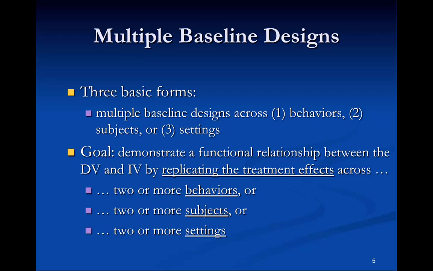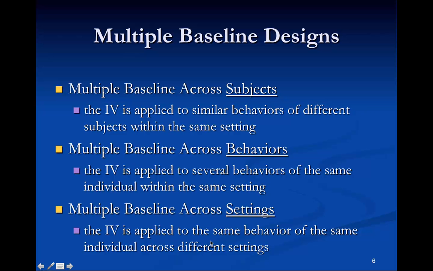So, as I mentioned, there are 3 basic forms. You can do this across behaviors, across subjects, or across settings. The goal is to demonstrate a functional relationship between the dependent variable, that is your target behavior, and the independent variable, that is your intervention, by replicating the treatment effects across either the behaviors, the subjects, or the settings. In a multiple baseline across subjects, the independent variable is applied to similar behaviors of different subjects within the same setting.